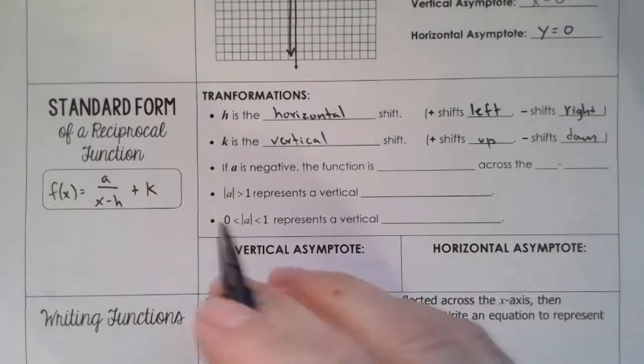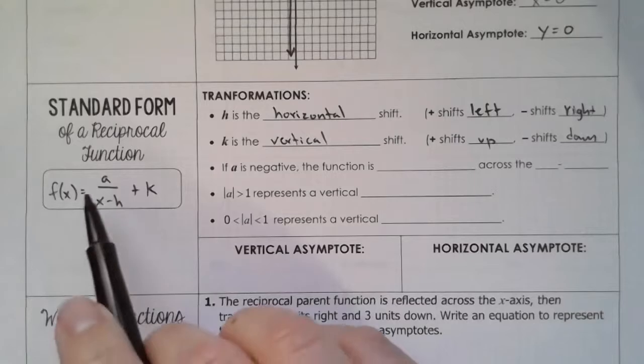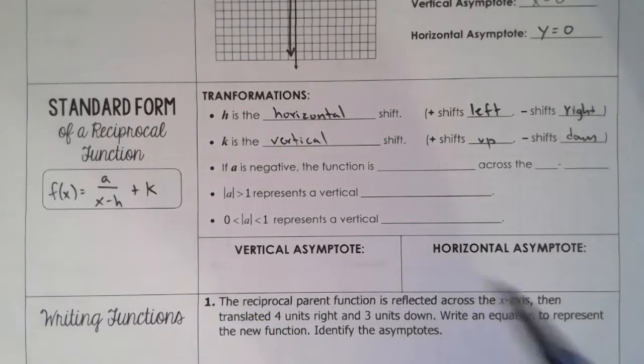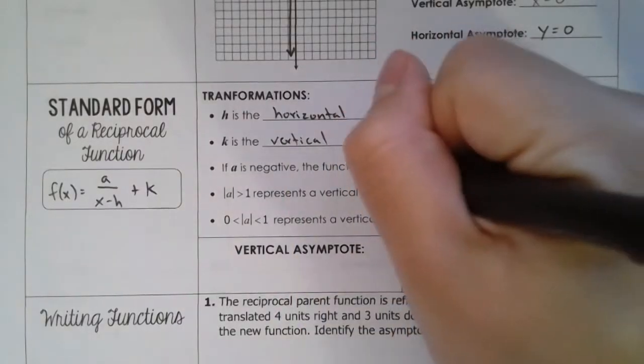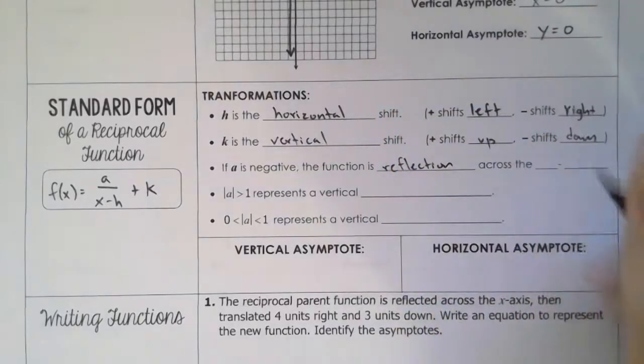And then A tells you if you have a stretch or a compression, but also if A is negative, you have a reflection across the x-axis, just like all the others.